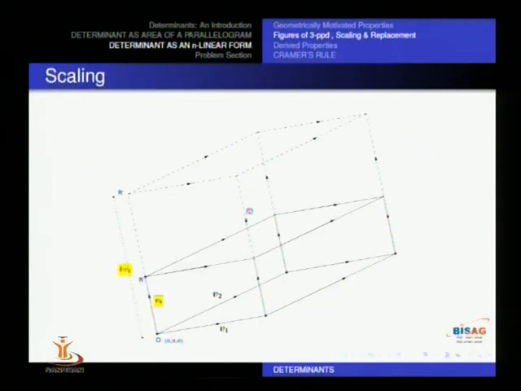You can see in the diagram OR, where we take the direction of OR as the direction of vector V3. It has been stretched to OR dash, shown using yellow color, V3 and KV3.